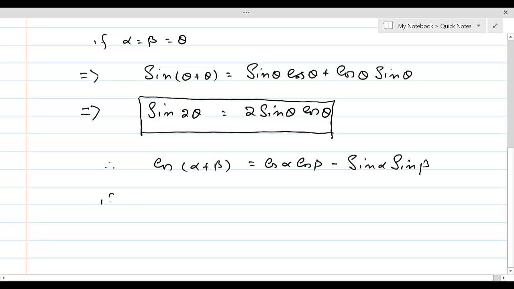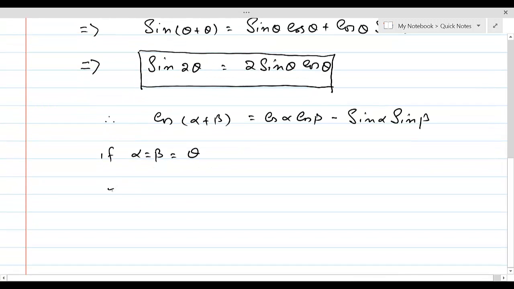Therefore, if alpha is equal to beta and the value for both of them is theta, this means that cos of theta plus theta is equal to cos theta into cos theta minus sine theta into sine theta.